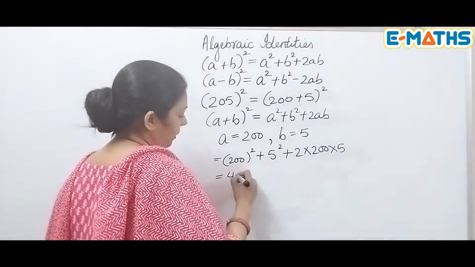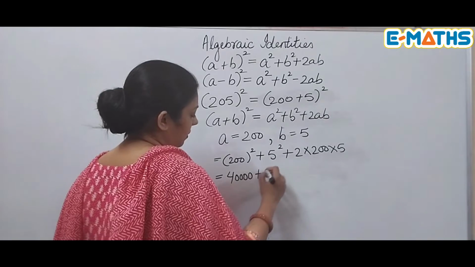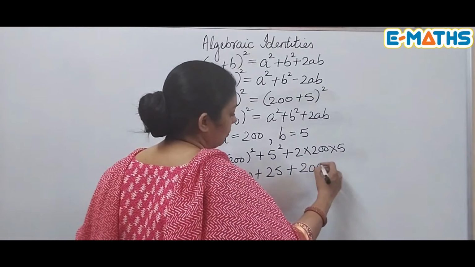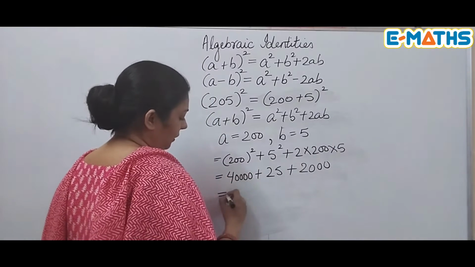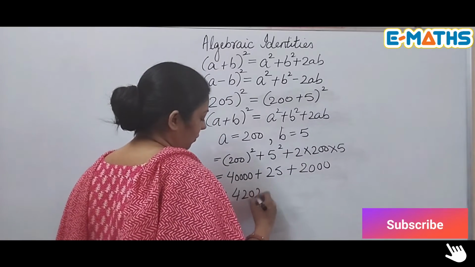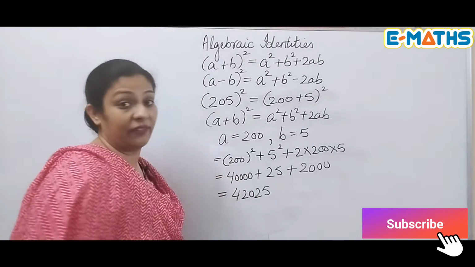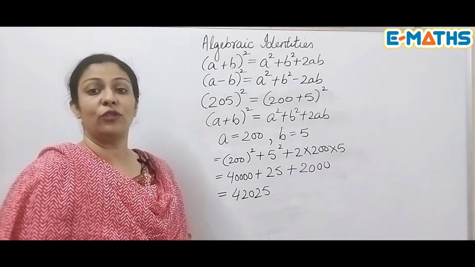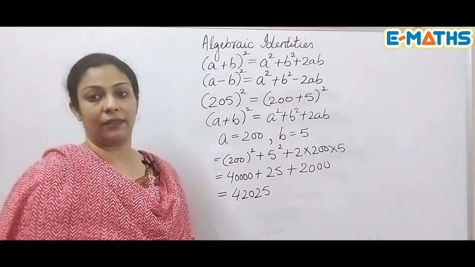So 2 twos are 4 and 4 zeros, 5 square is 25, is 2000. So for this we have the answer as 42025. It's as simple as that, but children do get confused because they don't memorize the identities.